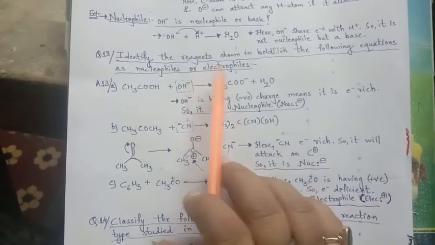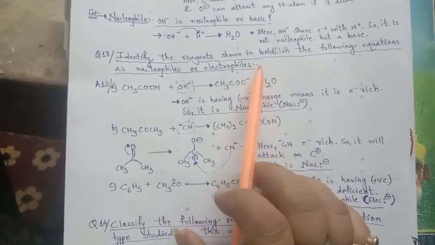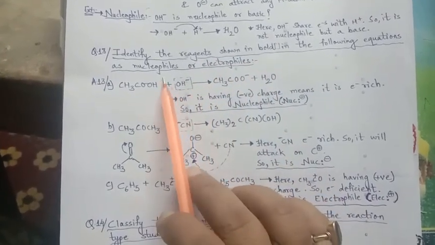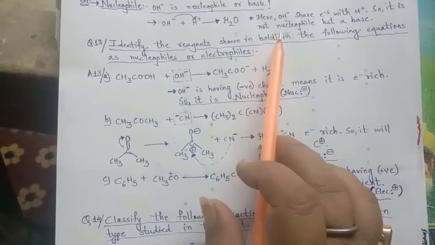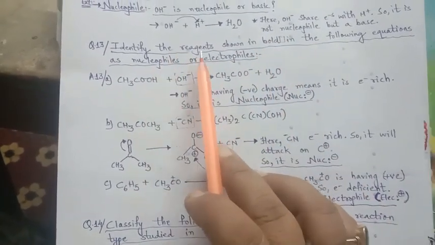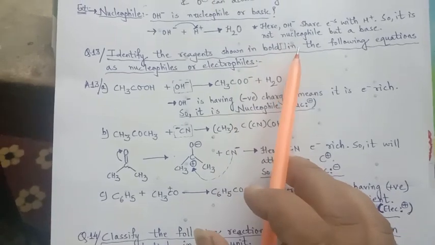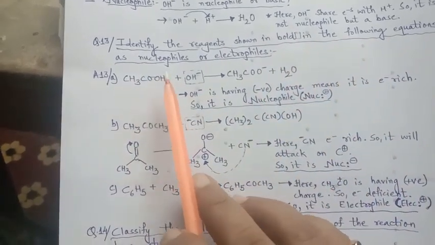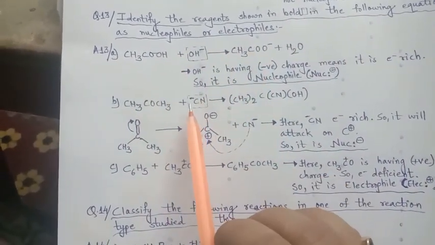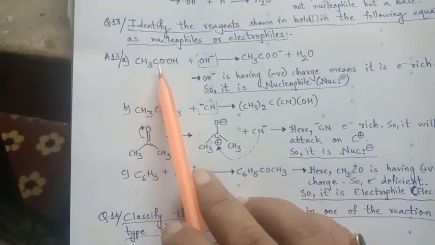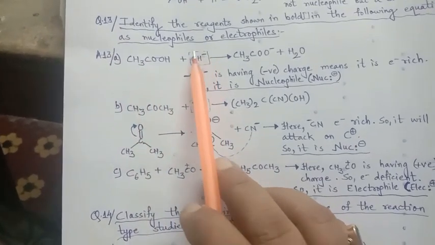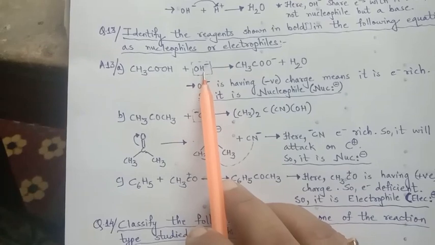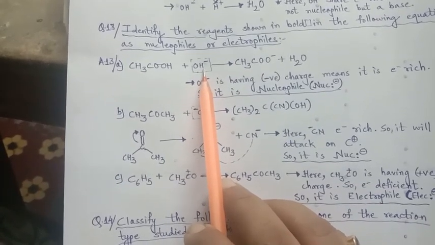Identify the reagents shown in bold. Here, I have not made it bold, so I have written it in a box. So identify the reagents shown in the box in the following equations as whether they are nucleophiles or electrophiles. So here see CH3COOH plus OH minus. Now we have to see whether OH minus is a nucleophile or electrophile.